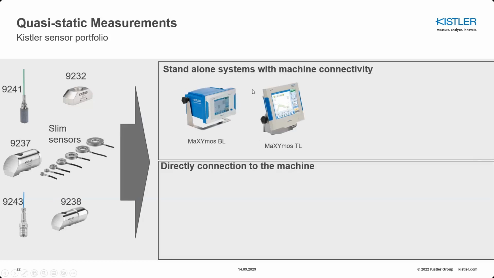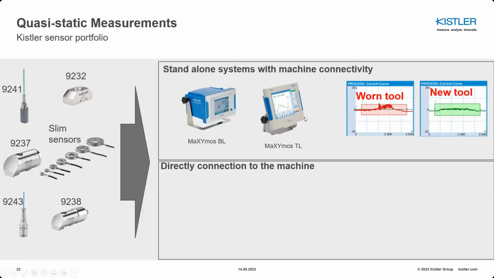If you want to have standalone systems, we have the Maximus family, Maximus BL and Maximus TL, where they can also be connected to the machine, right? So you have a system which will give you an alarm, but it can also stop the machine. And then on the screen, you can easily see the correlation between your new tool and worn tool, thanks to the signals that we are collecting with our flexible and cost-effective sensor systems.